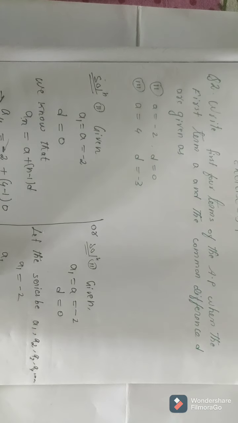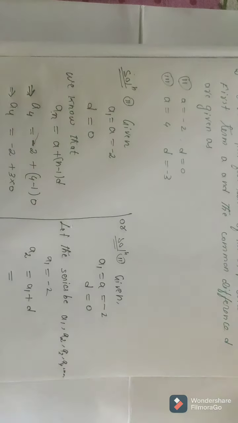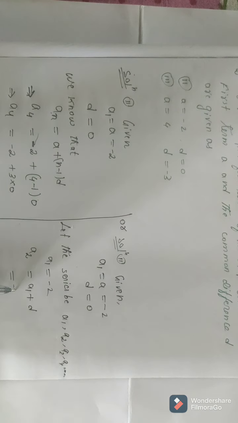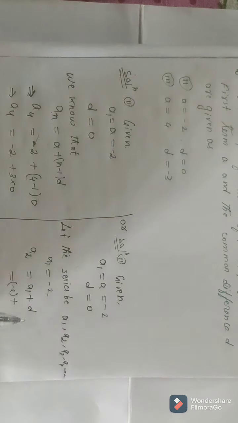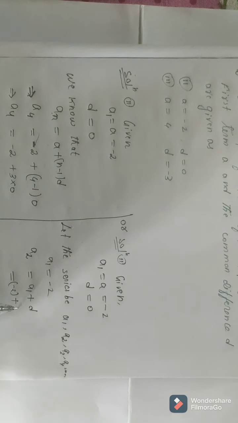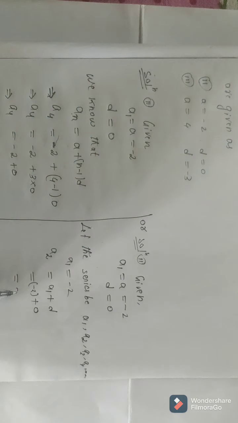So to find A2, use this formula: A2 equal to A1 plus D. Now put the value of A1. So instead of A1 we can write -2. Plus sign is already there. So D means how much? Instead of D, write here 0. After solving it, it will become -2.